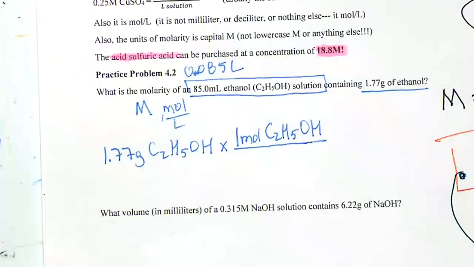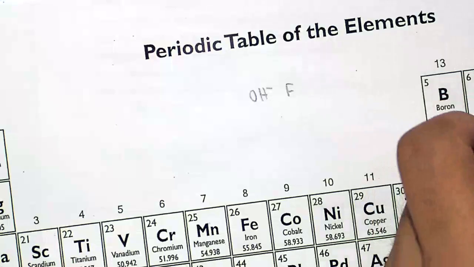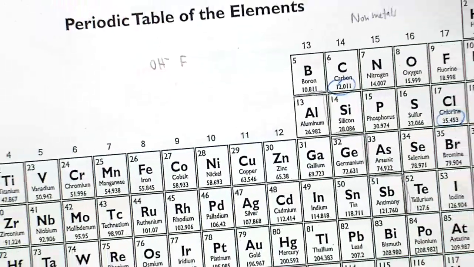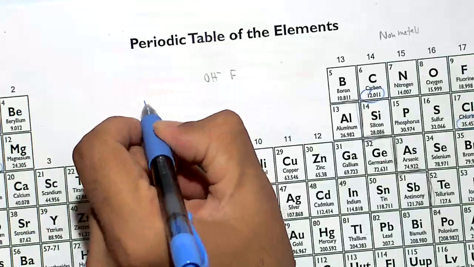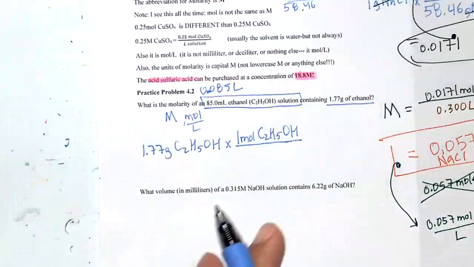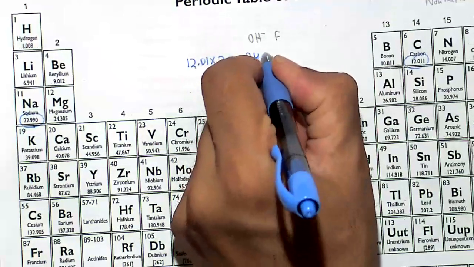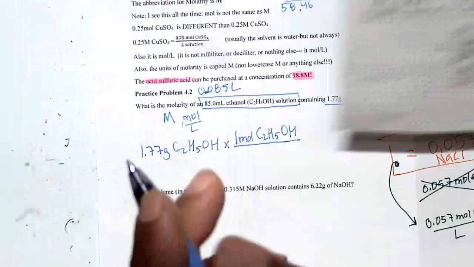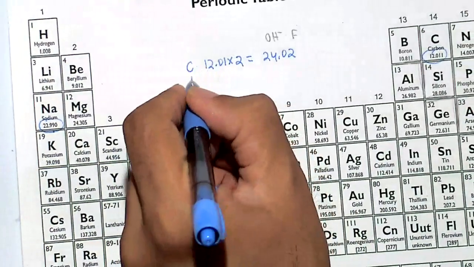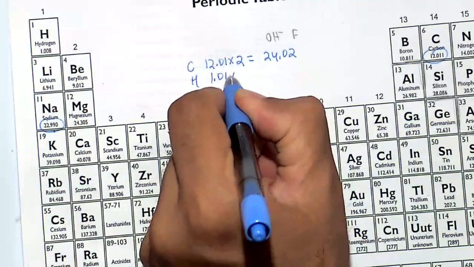Carbon is about 12.01, so it's 12.01 times 2. Hydrogen is about 1.01.